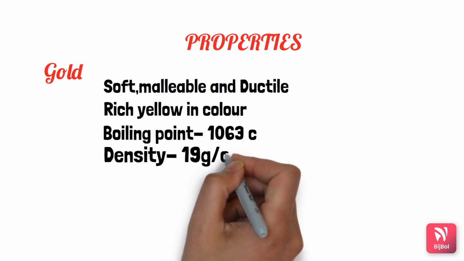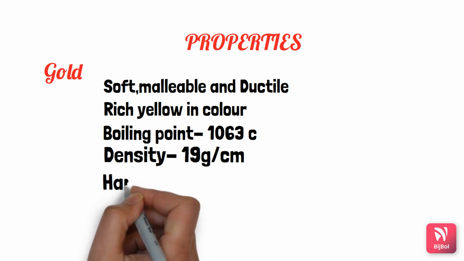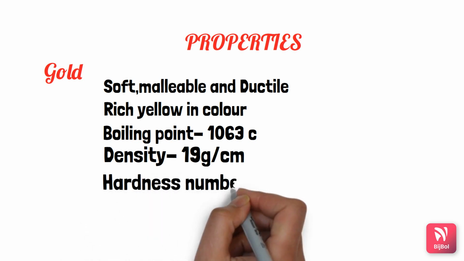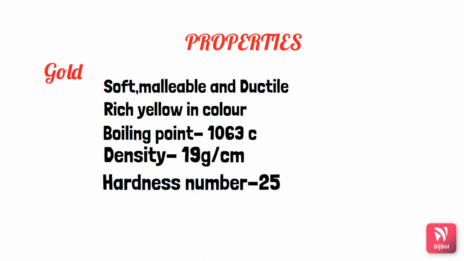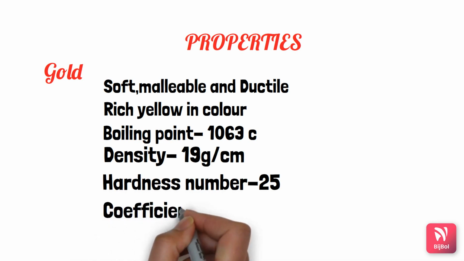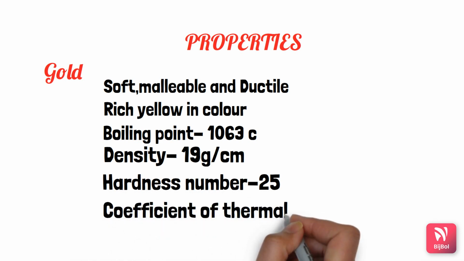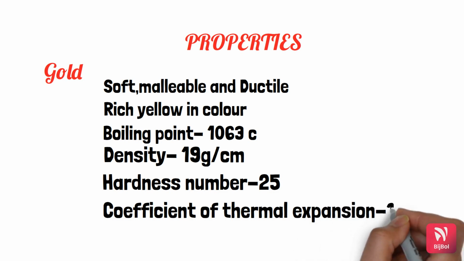The hardness of the gold is about 25, whereas the coefficient of thermal expansion is about 14 into 10 to the power of -6, which is close to the tooth structure.